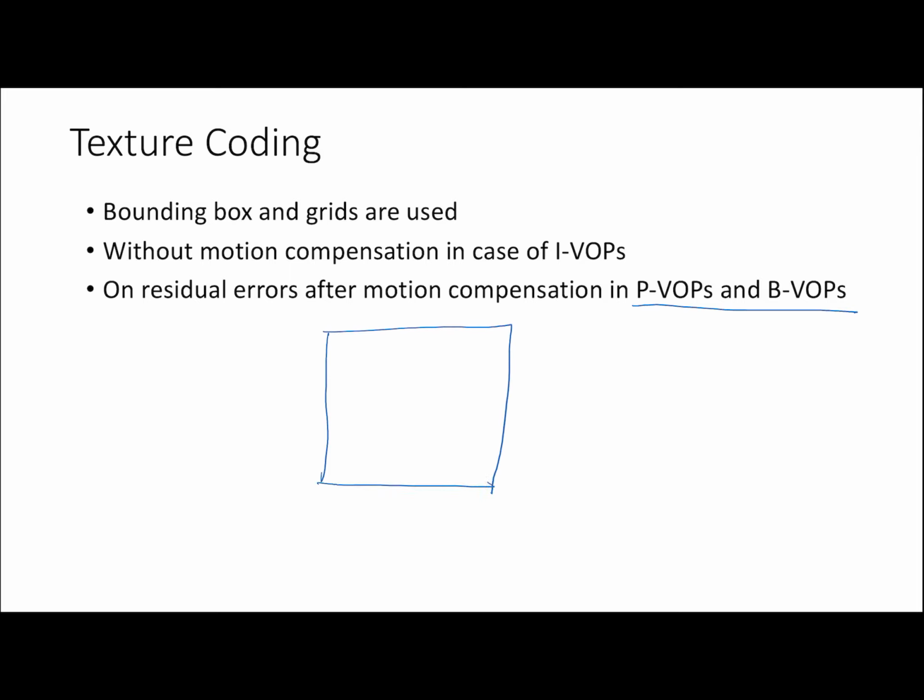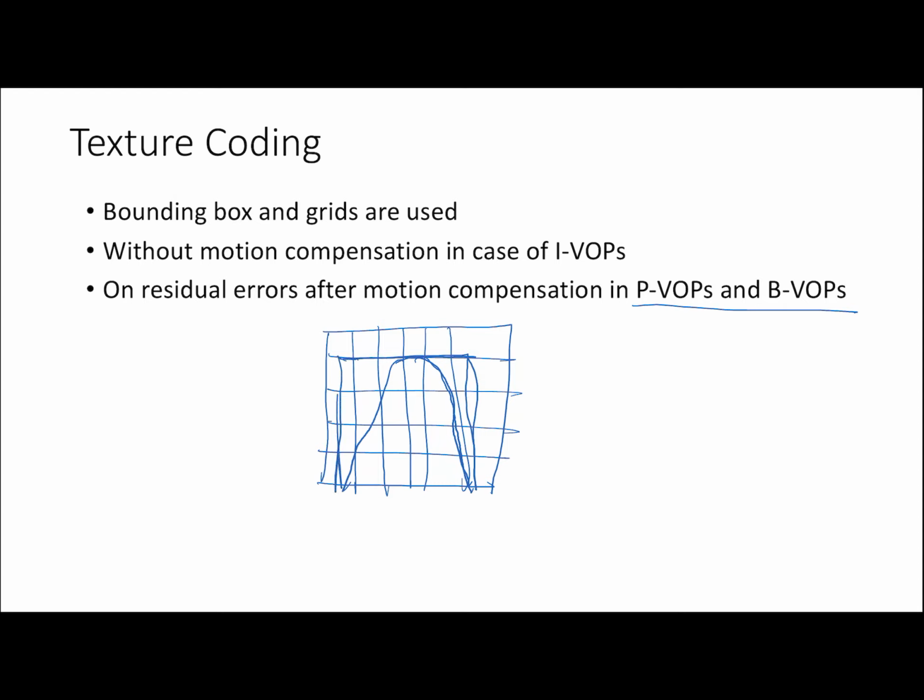So if you have this macro block grid, and suppose this is the VOP, and this is my bounding box, special adaptation is required for the contour blocks, that is the boundary blocks, where the image padding technique is used, as we have seen earlier, to fill the macro block content outside the VOP. So we will fill that content with repetitive padding.